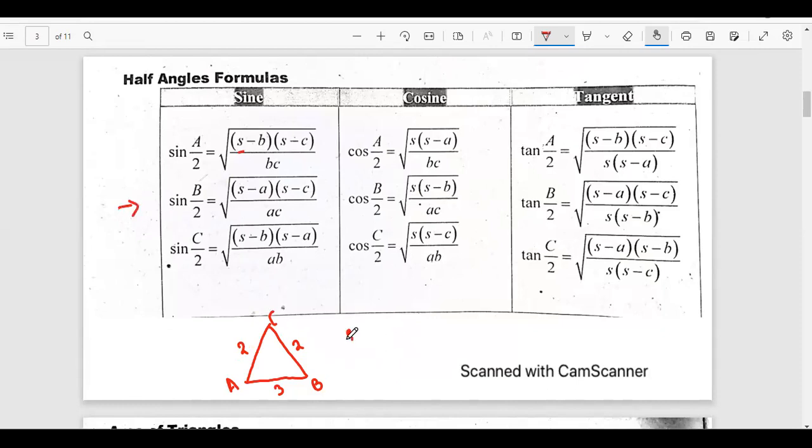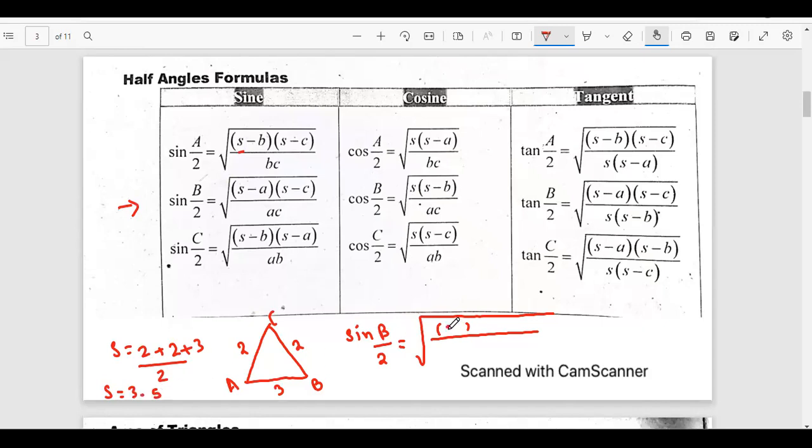I'll write down sine of B by 2 equals under the root, S minus A. So what is S? S is 2 plus 2 plus 3 divided by 2. So it would be 7 divided by 2, so it is 3.5.